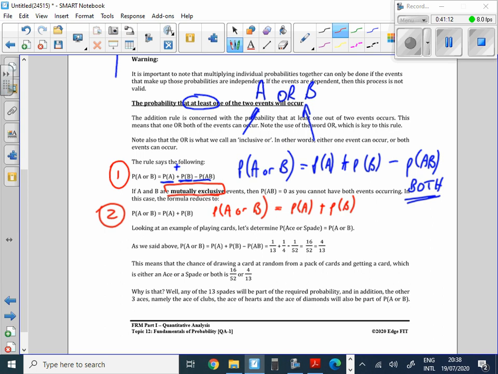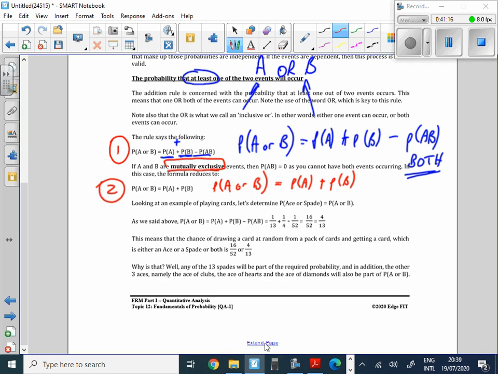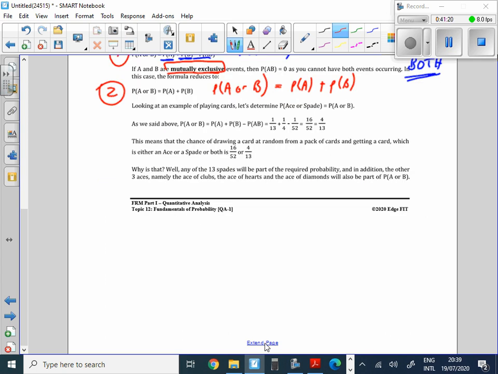So, assuming that we wanted to, let's say, for example, I'm going to work on number 2 first. We'll get to the other one in a second. Let's say I want to look at rolling a dice, and I'm going to call the probability of A getting a 1 and the probability of B getting a 2. That's all that I want to work with for now.